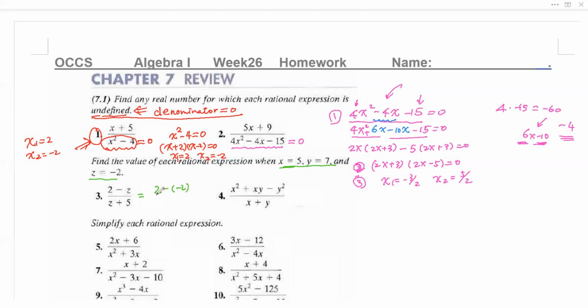I will leave this for everyone to do yourself. So here 4, 3, right? For this part, x equals 5, y equals 7. So you just replace here, right? I believe you guys can do this one, so I will move to the next.